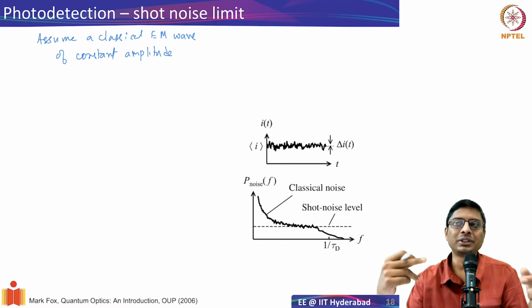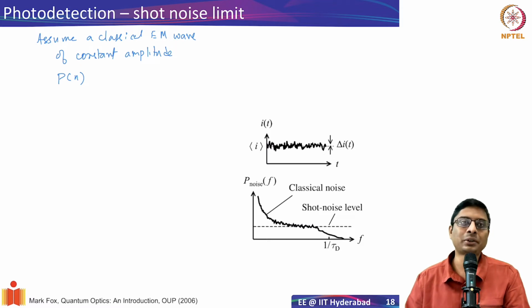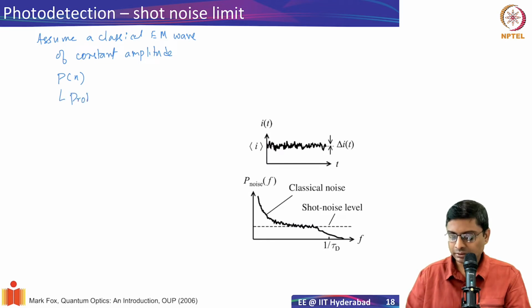So we are not really going into the details, but what I'm claiming is, even if I have a perfect electromagnetic wave like this, a classical electromagnetic wave of constant intensity, if I look at the photoelectrons that are generated, there's a certain probability of generating n electrons in a particular time interval, right? So this P_n I'm representing as the probability of generating n electrons in a time interval delta t.